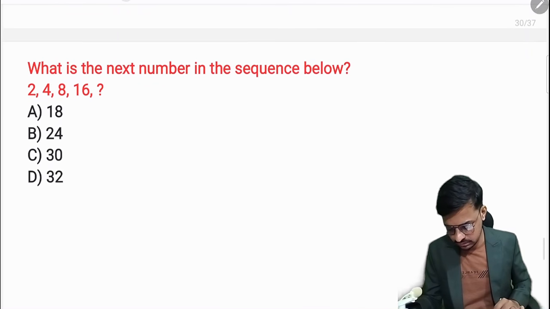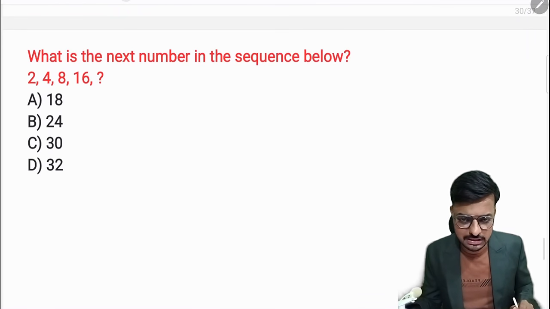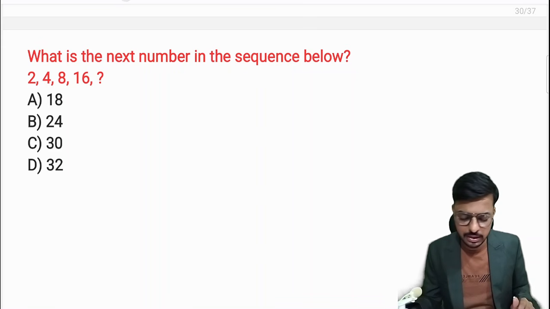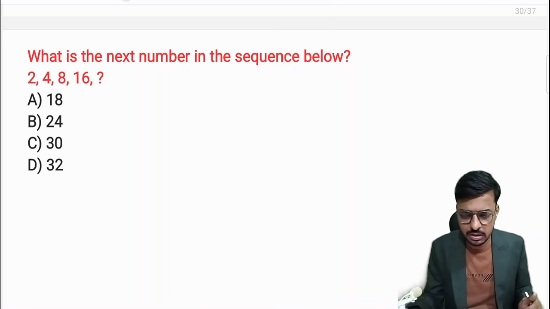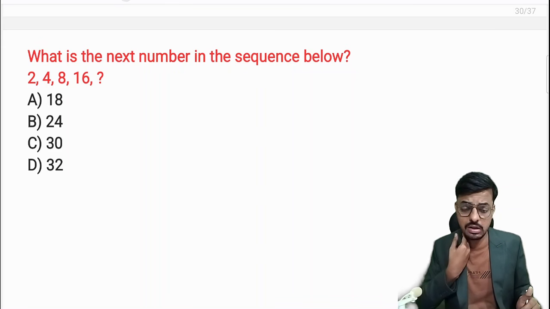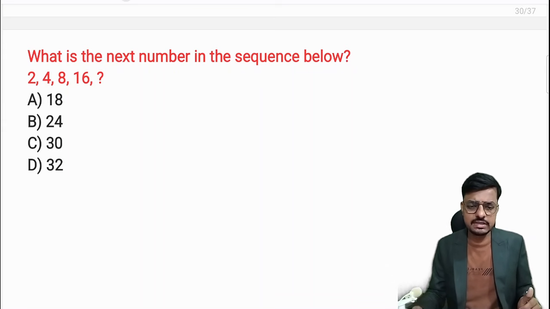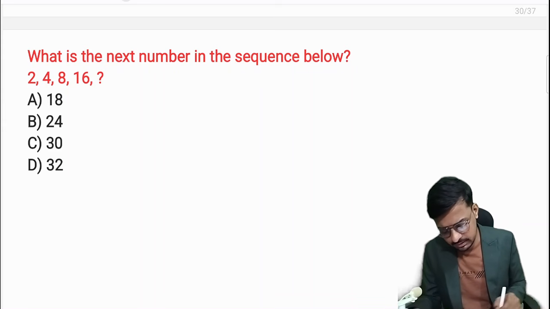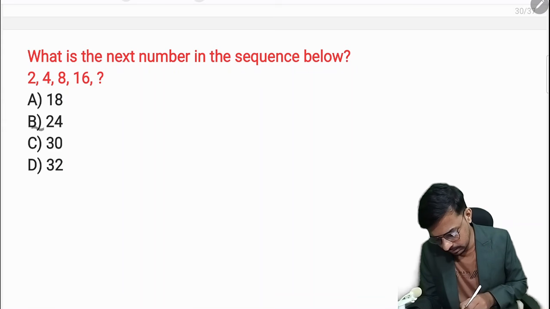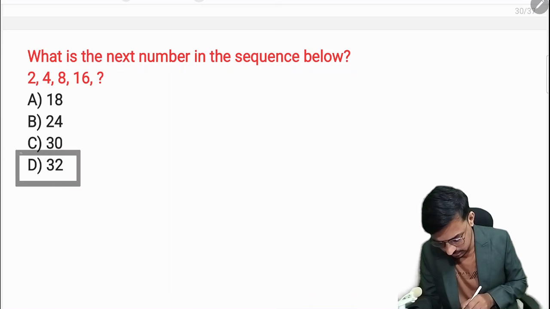The next question is: what is the next number in the sequence given below? Very easy questions were there in your non-nursing section. I told you before the exam that the non-nursing portion would definitely be very easy, and the questions that came in your exam were also very easy. This is a number sequence question, and the correct answer is 32.